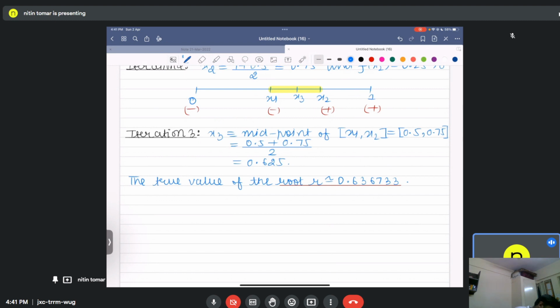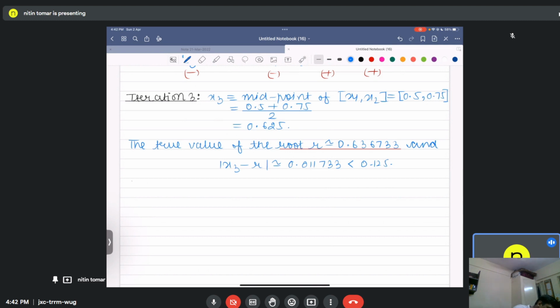And if you take the absolute value of the error between x3 and r, it is precisely 0.011733, and it is strictly less than 0.125. This is what we wanted.